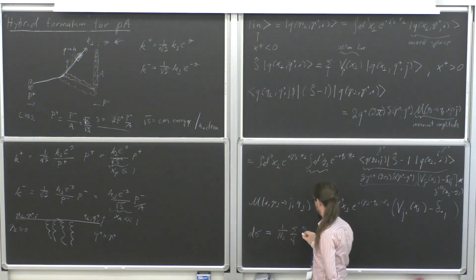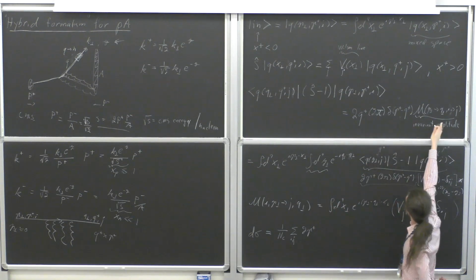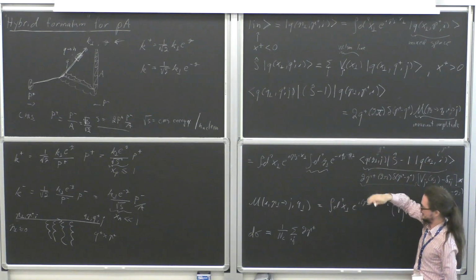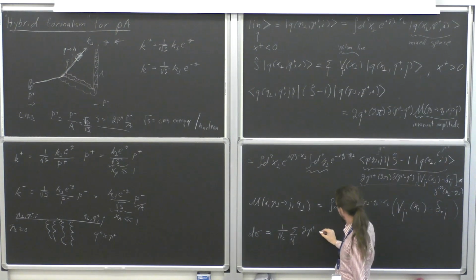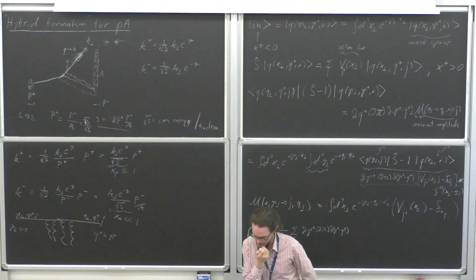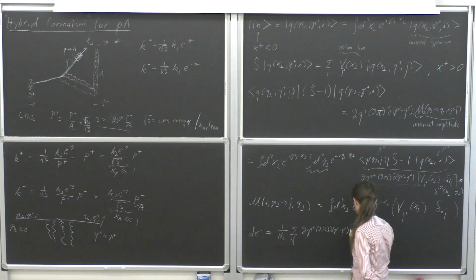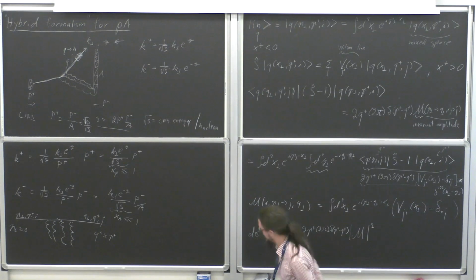And then in the cross section, when you square this thing, half of it goes to the normalization business, and the other half remains. So I get 2p plus 2 pi delta function of p plus minus q plus, and then the invariant amplitude squared, and then phase space for the outgoing.